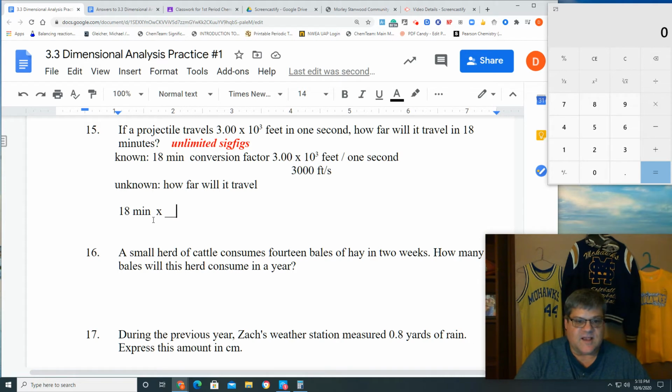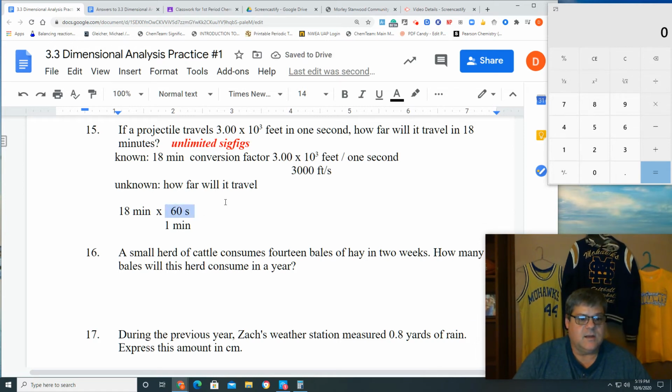Once I convert it to seconds, now I can use this one right here. So we put minutes on the bottom and seconds on the top. How many minutes to how many seconds? Well, 1 minute equals 60 seconds.